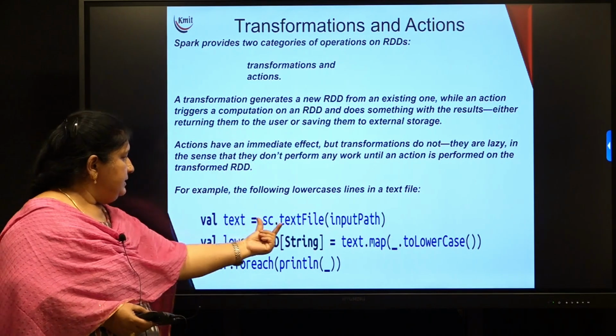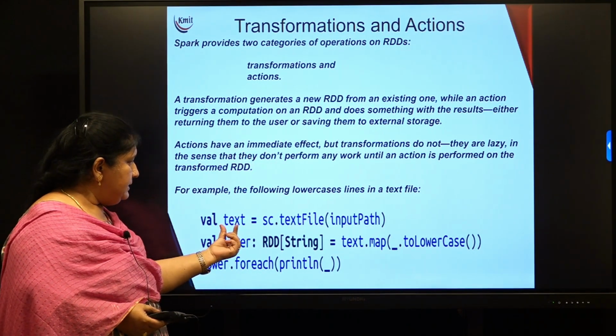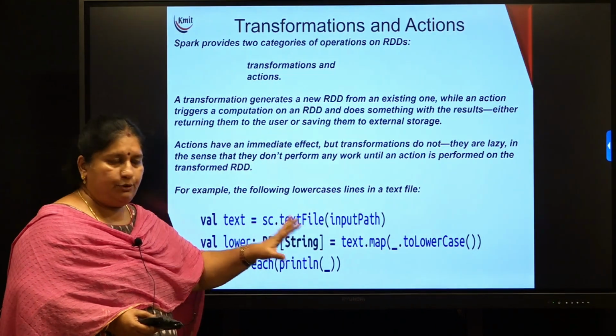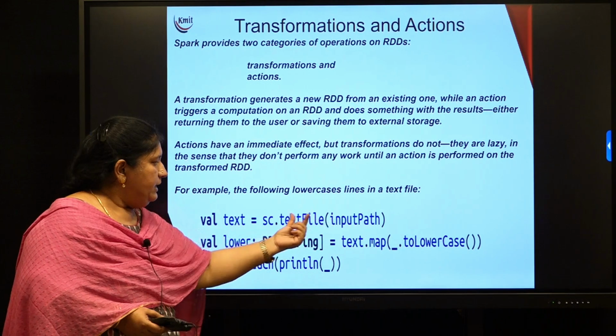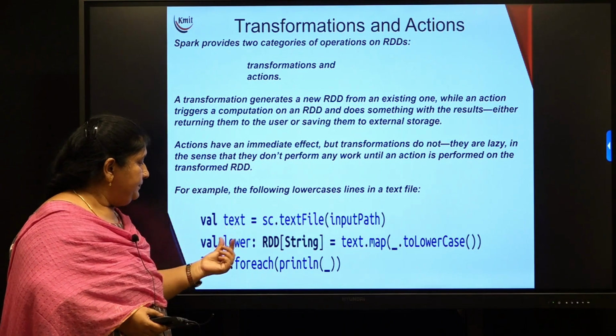Just go through this example. What are we trying to do in this? You are taking text from a text file and you are specifying the input path. So, it will take the entire data from the file and put it into the variable text. Then what are you specifying?